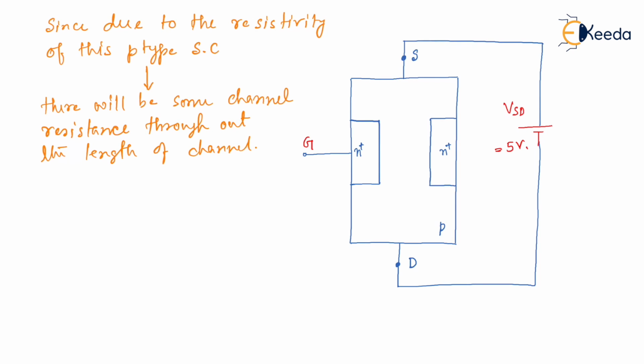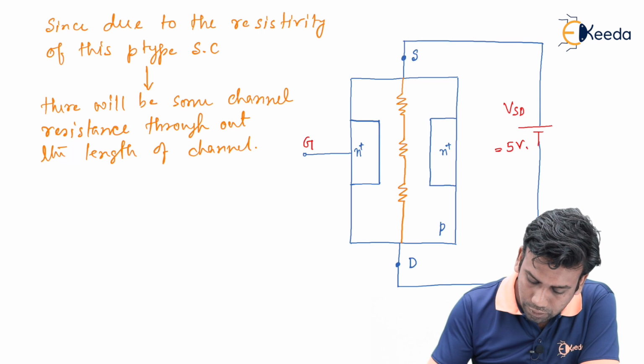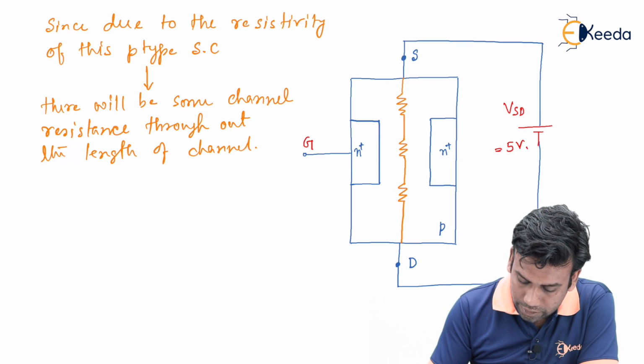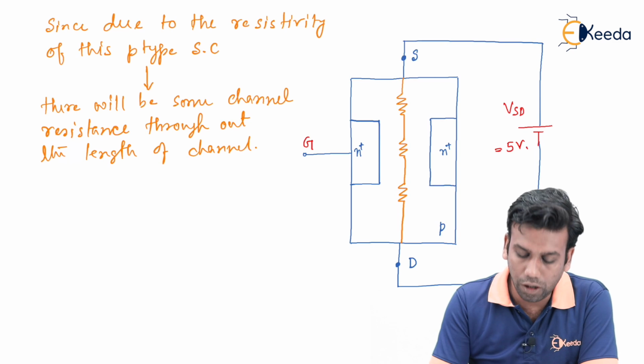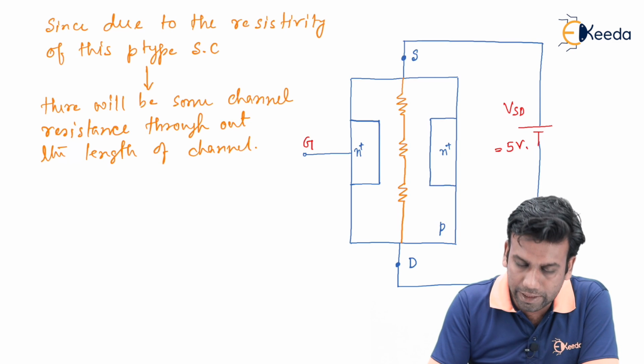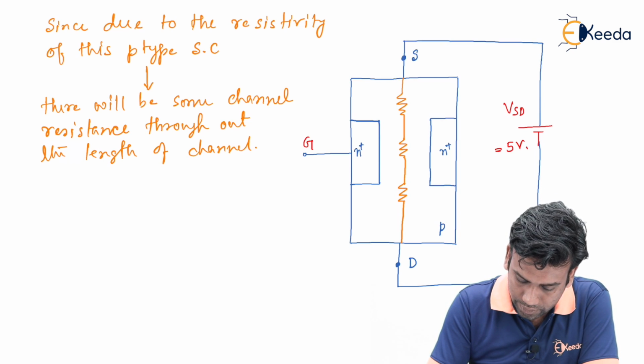This channel resistance can be assumed to be uniformly distributed throughout the channel, each of the same value of resistance R. In this way we can represent the channel resistance throughout the JFET.